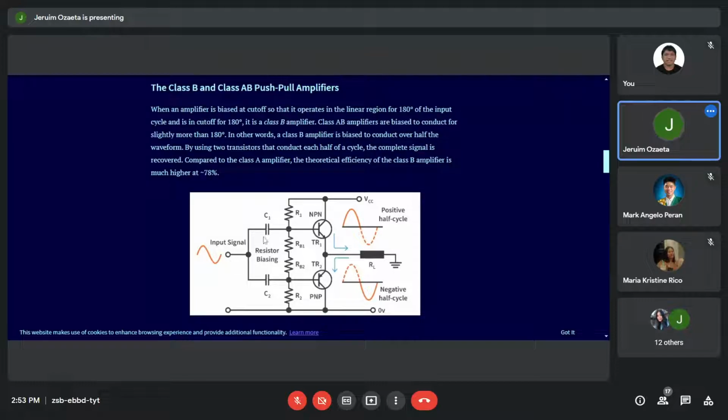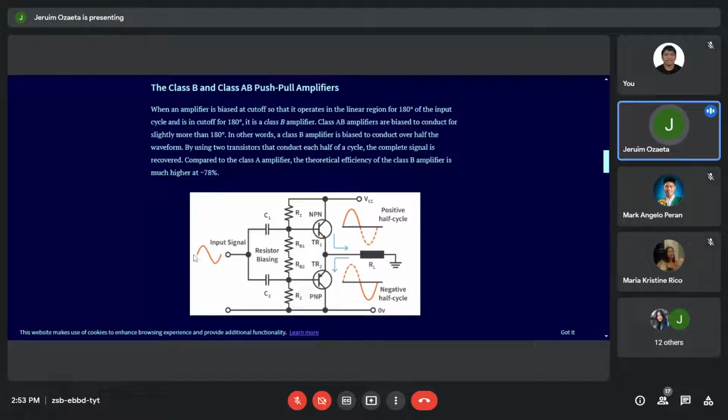So if the NPN at this moment is forward bias, that is going to push the signal up. At this time, the PNP is reverse bias, so there is going to be no signal here because this is reverse bias.